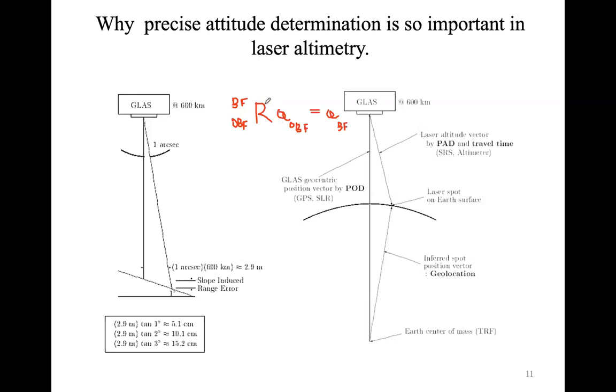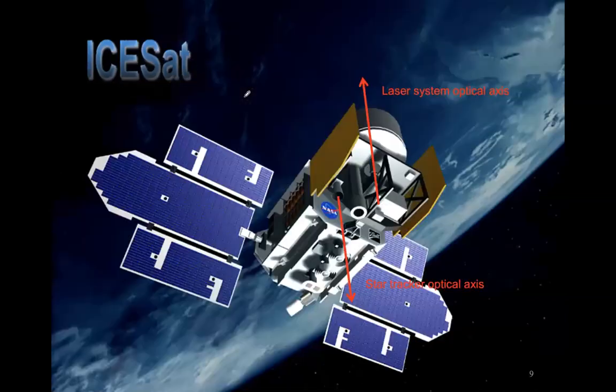So basically, the rotation matrix from the OBF to the body frame is known. What I mean is that the optical bench frame, for example in this spacecraft, is focused in here, and we have said that the x-axis of the optical bench frame is aligned to the boresight.